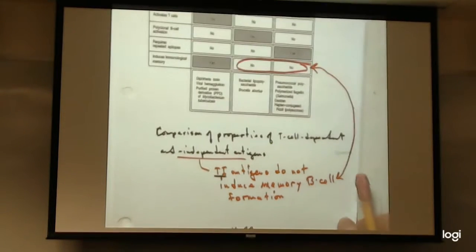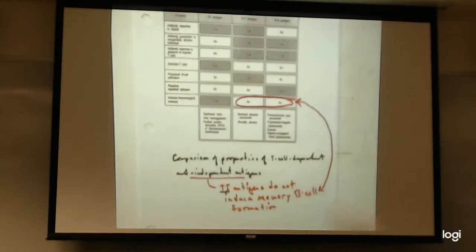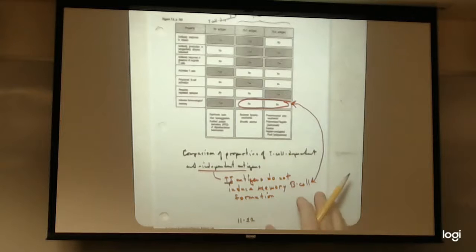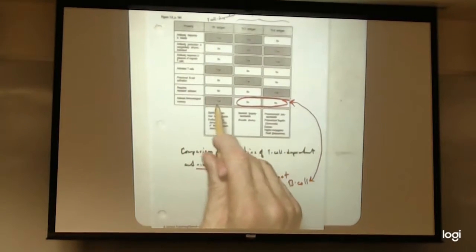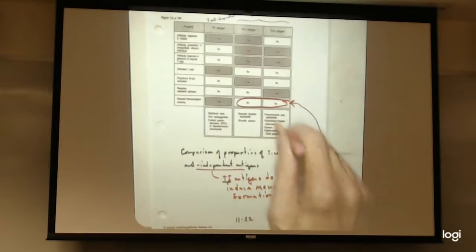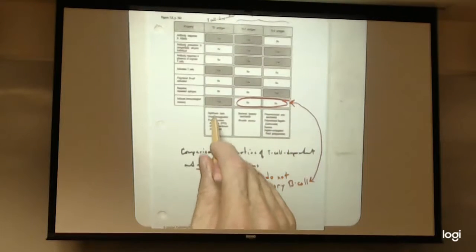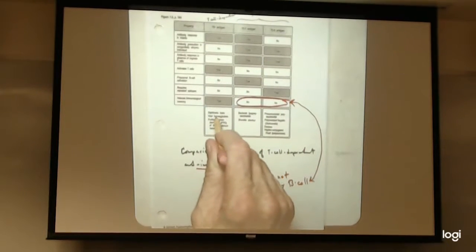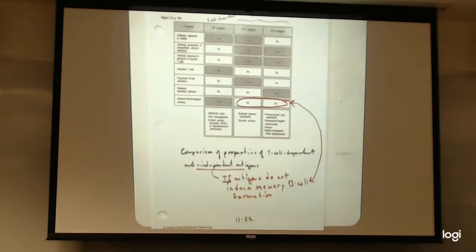So this is a little table summarizing T cell dependent antigens versus TI1 and TI2. The T cell dependent antigens, which get CD4 T cell help, can class switch. The cytokines released by T helper 2 cells are what you need to switch from making IgM to IgG, whatever.